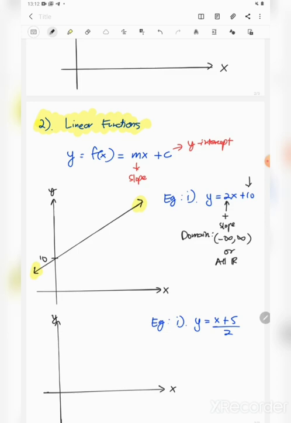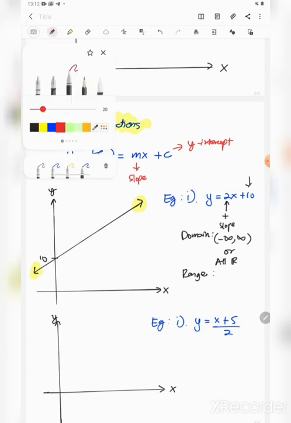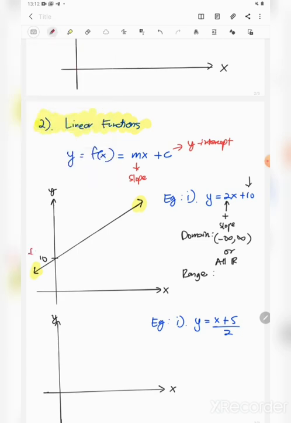And how about the range? For the range, for the left side the graph shows an arrow, right?